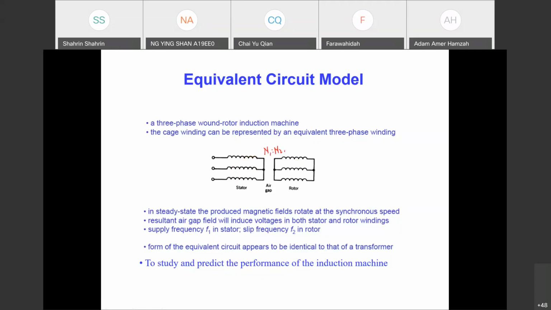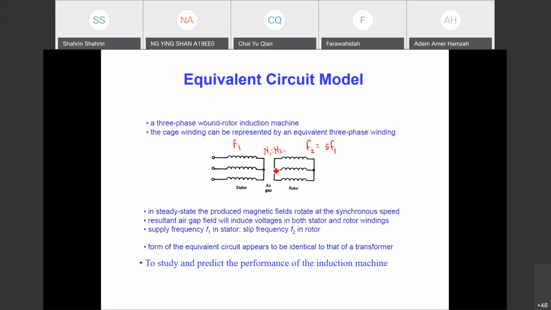We have the primary leakage inductance, the primary internal resistance, the secondary internal resistance, and so on. But the only difference is that for the stator the frequency is F1, while for the rotor the frequency is different, which is F2, and this rotor frequency depends on the slip multiplied by the supply frequency.